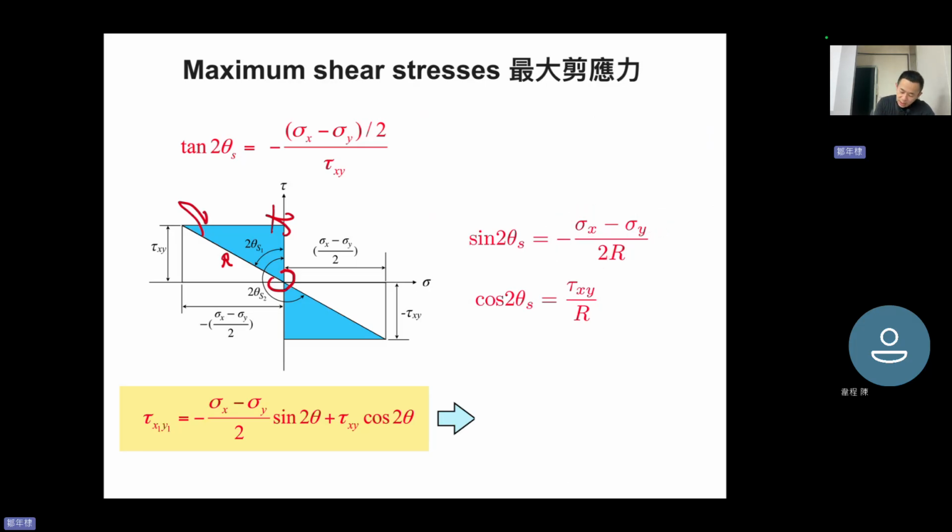And your cosine is tau xy over r. Again, you substitute here, you can get tau max equal to, wow, it automatically recognized this as a square root sign, good. The square root of ((sigma x minus sigma y)/2) squared plus tau xy squared.